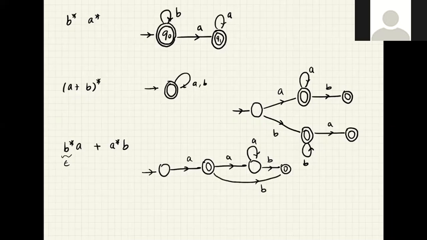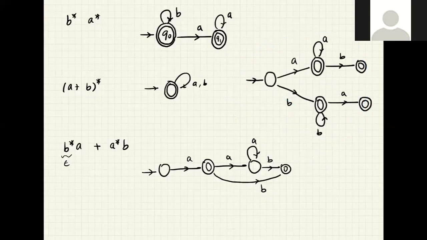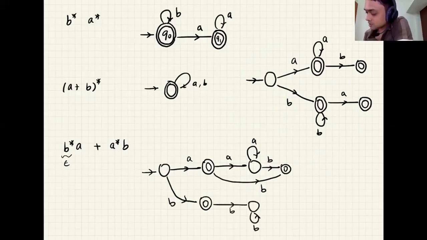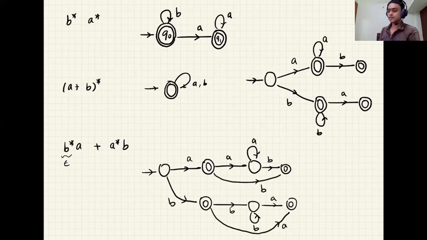Or I see b. If I see more b's, then I see more b's and then an a. Or from here I can go to an a. So is this fine? I accept a, I accept b, I accept ab. I also accept any a to the i, b where i is bigger than or equal to 2, but I don't accept just a star.